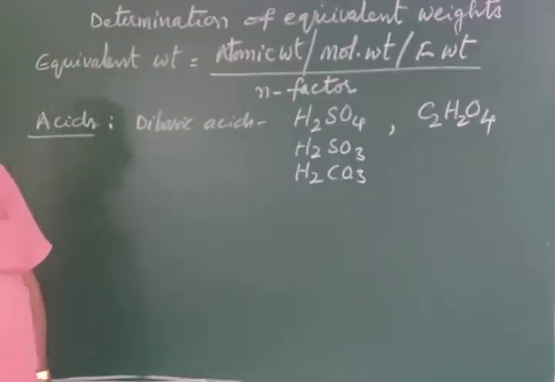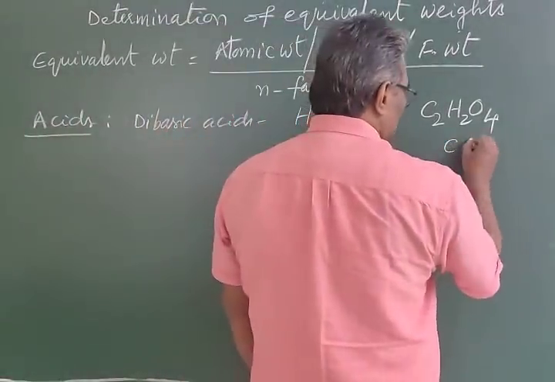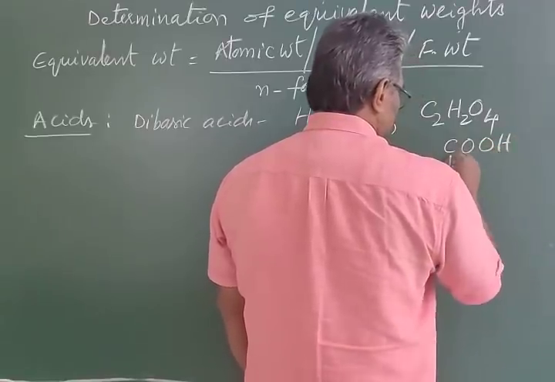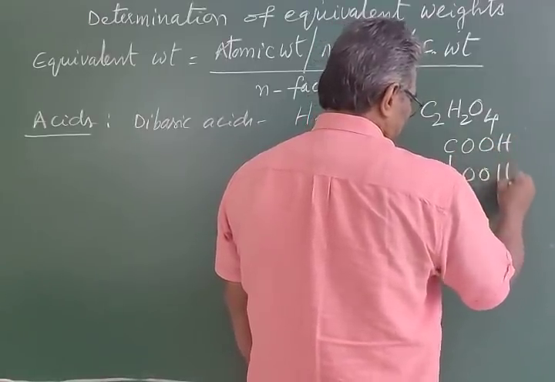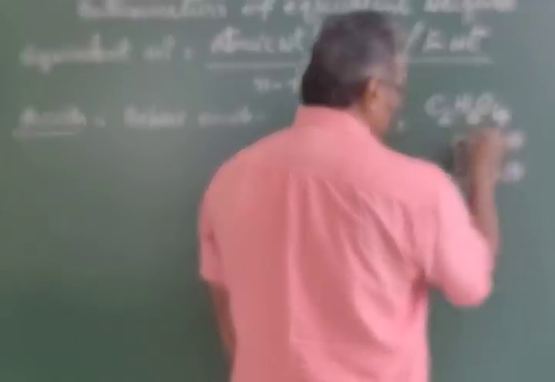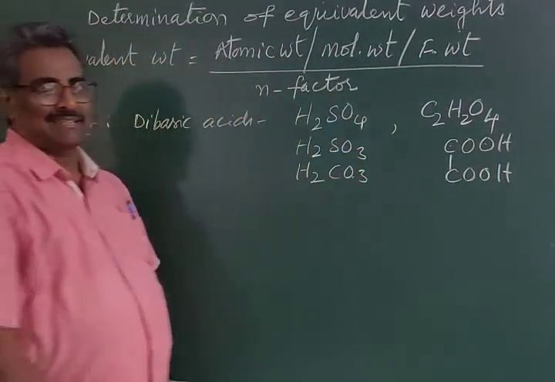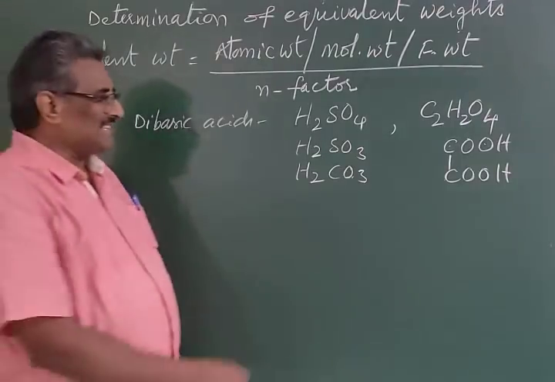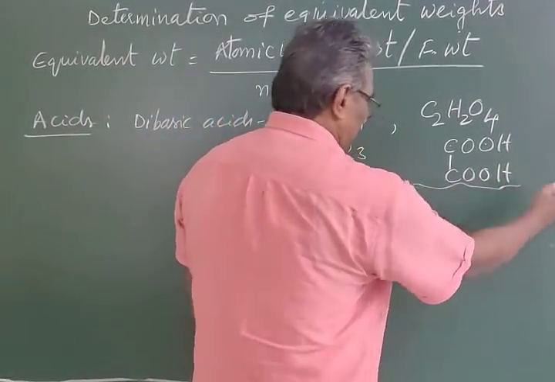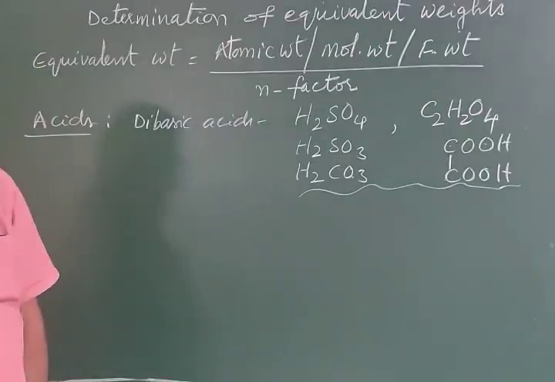C2H2O4 is oxalic acid which has two COOH groups. All these acids are examples of dibasic acids.